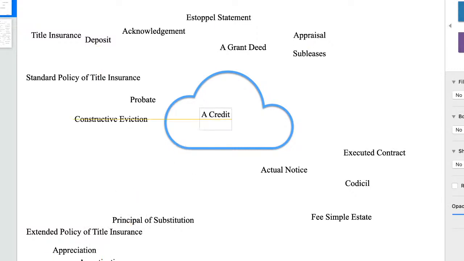What is a credit? And give me an example of a credit.